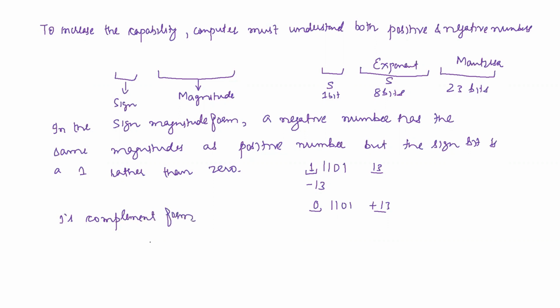So what's inside one's complement form? A positive number is represented as it is, and a negative number is represented in a different form. Suppose I have given you minus 25, and I ask you to find out the representation of this. You will actually get its ones complement.